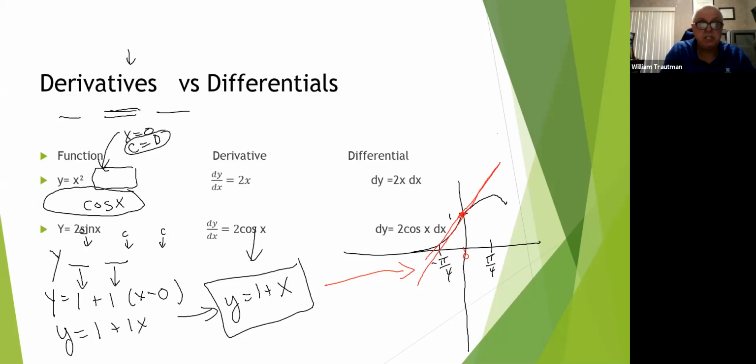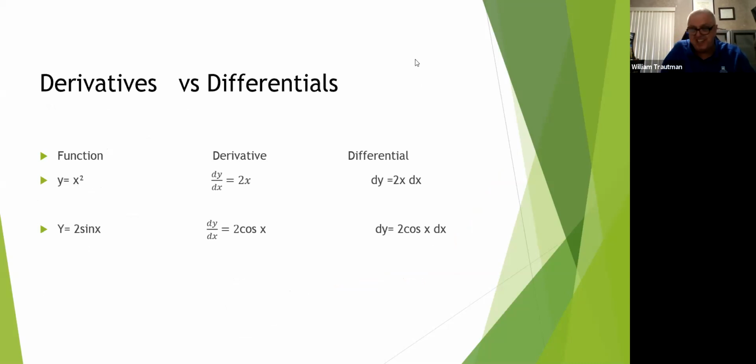That's the first slide. So differentials kind of look like regular derivatives. They are. Here's a function, y equals x squared. Here's its derivative, right? We change y to dy dx.